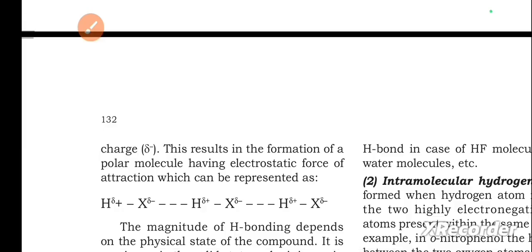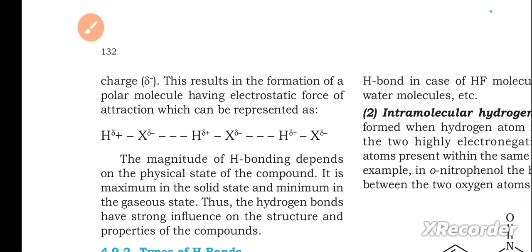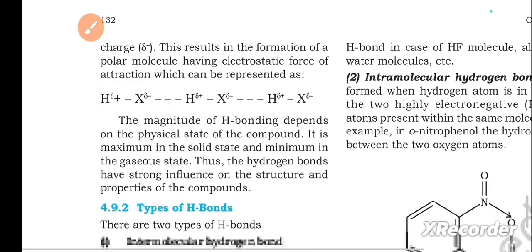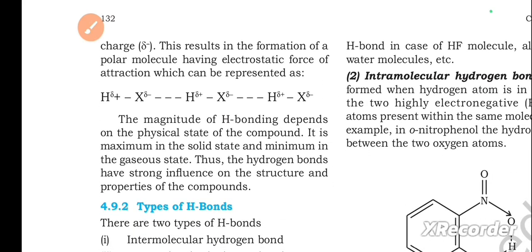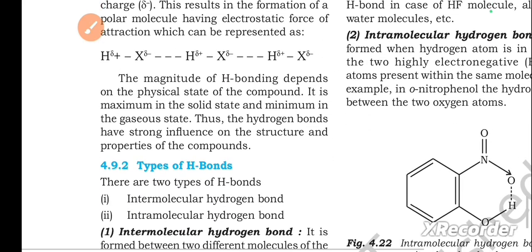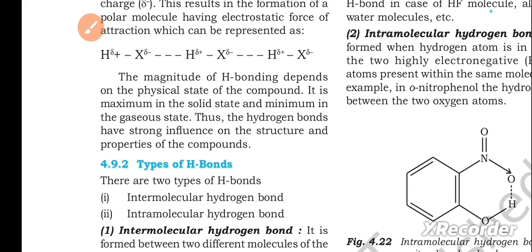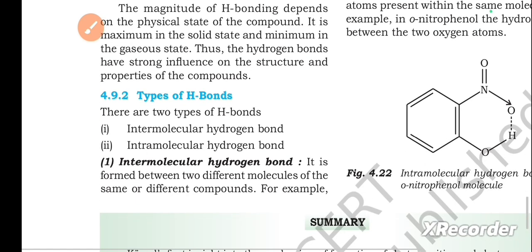This results in the formation of a polar molecule having electrostatic force of attraction, which can be represented as this. You can check it. The magnitude of H bonding depends on the physical state of the compound. It is maximum in the solid state and minimum in the gaseous state. Thus, the hydrogen bonds have strong influence on the structure and properties of the compounds.